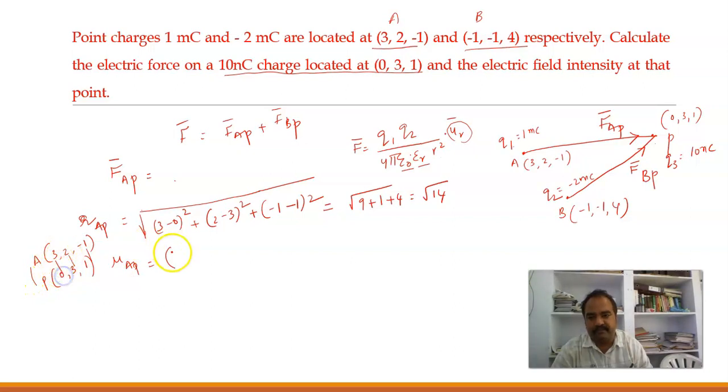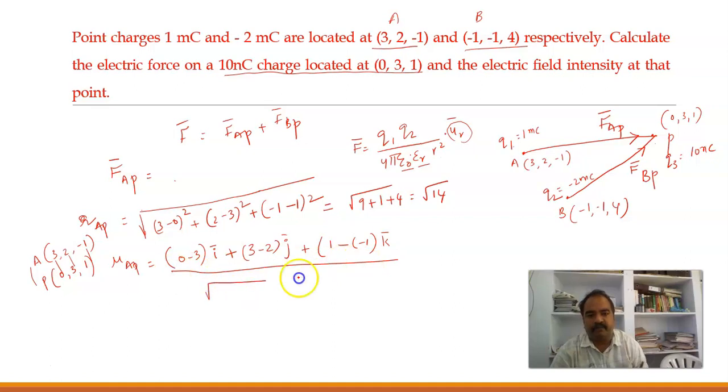I will take (0 minus 3) into i bar plus (3 minus 2) into j bar plus (1 minus of minus 1) into k bar, divided by the square root of 3 square. See, whatever the difference between these two, it is 3, right? Minus 3 whole square plus 1 whole square plus this is 2 whole square.